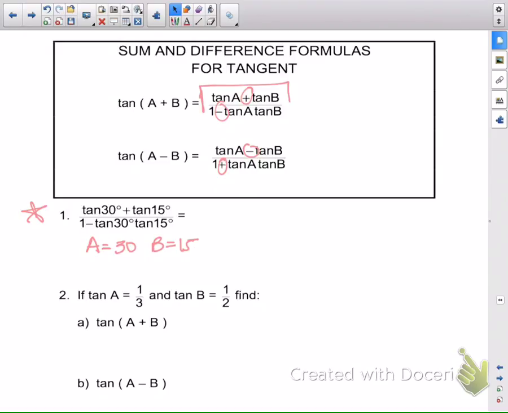So you're taking something that looks really complicated like this, and because your formula says it's equal to the thing on the left, you can make it a whole lot simpler by just plugging in your A and your B value on the left, which simplifies to tangent of what? 45, which we know the tangent at 45 is? 1. Because at 45, your sine and your cosine are the same, and when you divide them, it gives you 1. So you literally don't even have to worry about the rest of the formula. You're just simplifying.